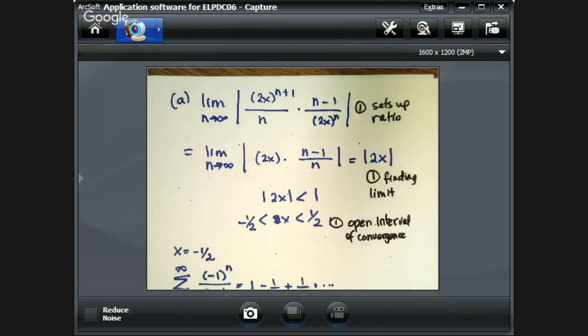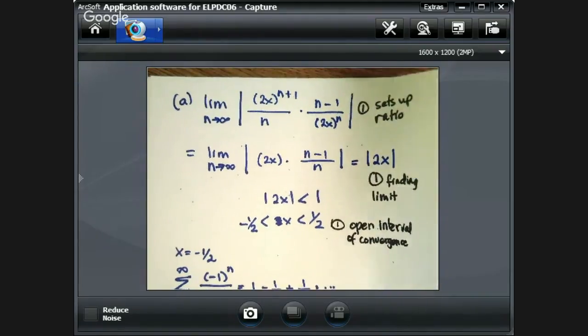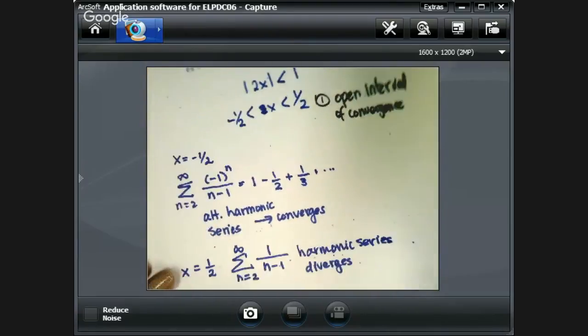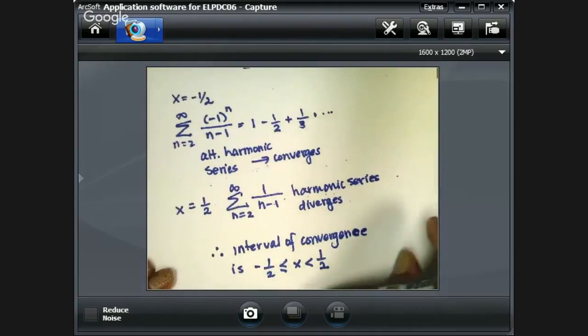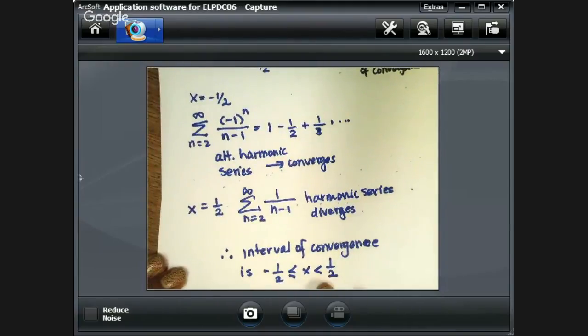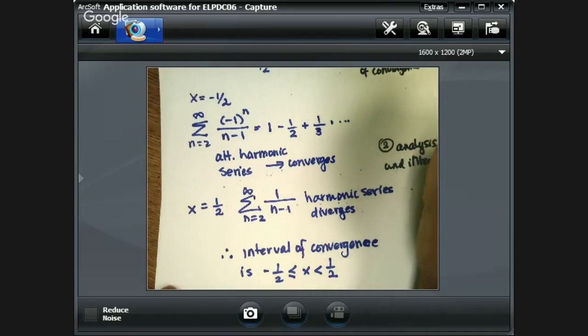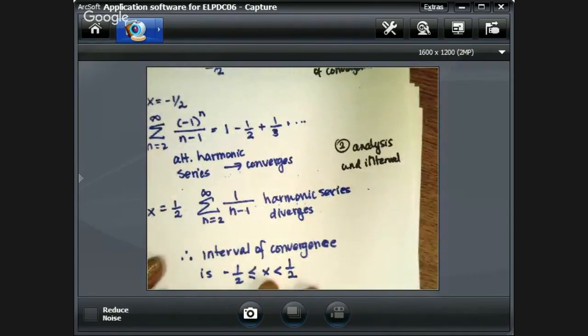Now, remember when I said 5 points? There's the first 3. To get the other 2, you have to do this other stuff down here at the bottom, checking the endpoints and stating the actual interval of convergence. Now, sometimes it's 1 point for each endpoint, or more likely, it's going to be 2 points for analysis and interval, where checking my endpoints is my analysis.